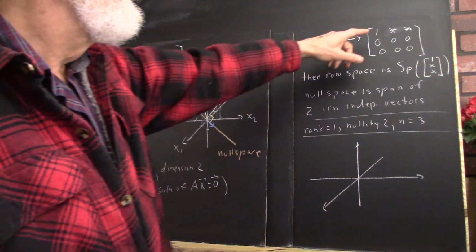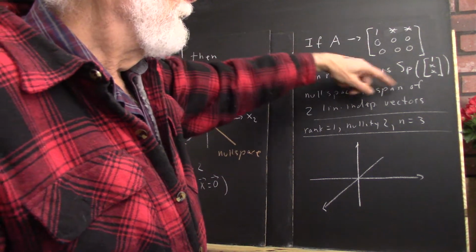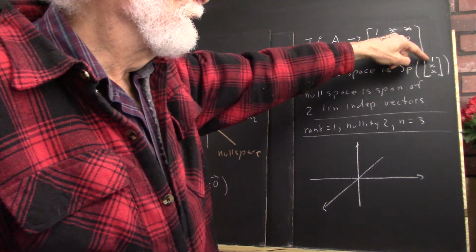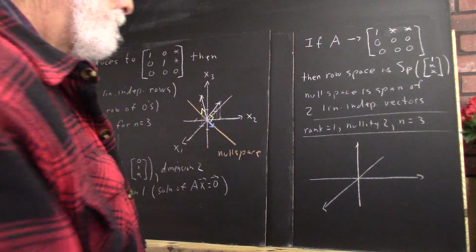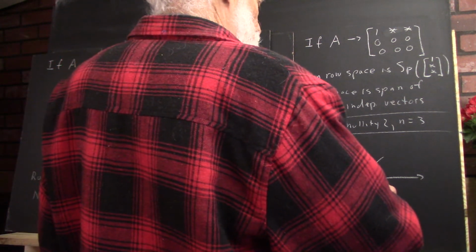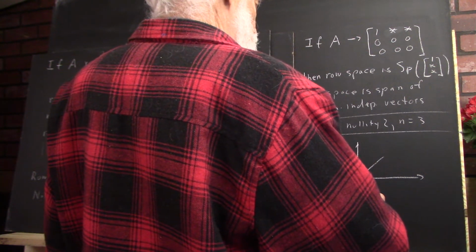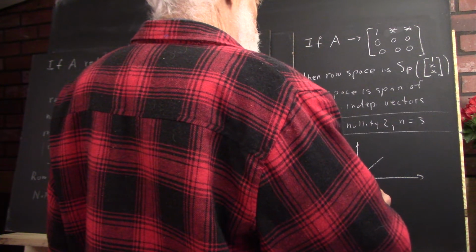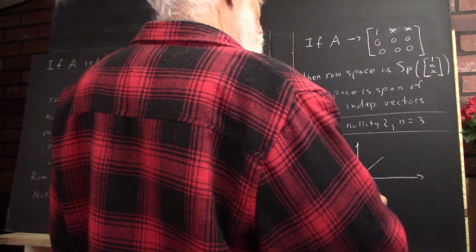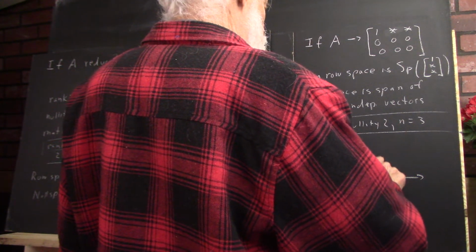Then your row space has basis vector 1 asterisk asterisk, and that's going to be just some vector, 1 unit this way, and then any number of units over and any number of units up.